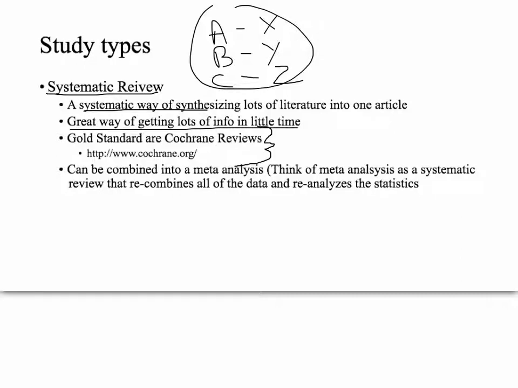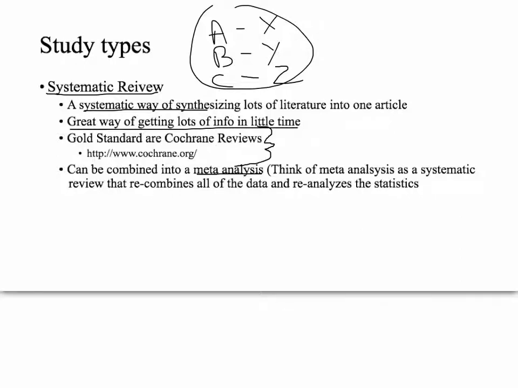This study was done and found different results, and the study design was impeccable. For this reason, we think that study number 2 has more weight than study number 1, and they give really good detailed reasoning. You can combine a systematic review into a meta-analysis, which I'm going to talk about next, but there are some distinct differences.